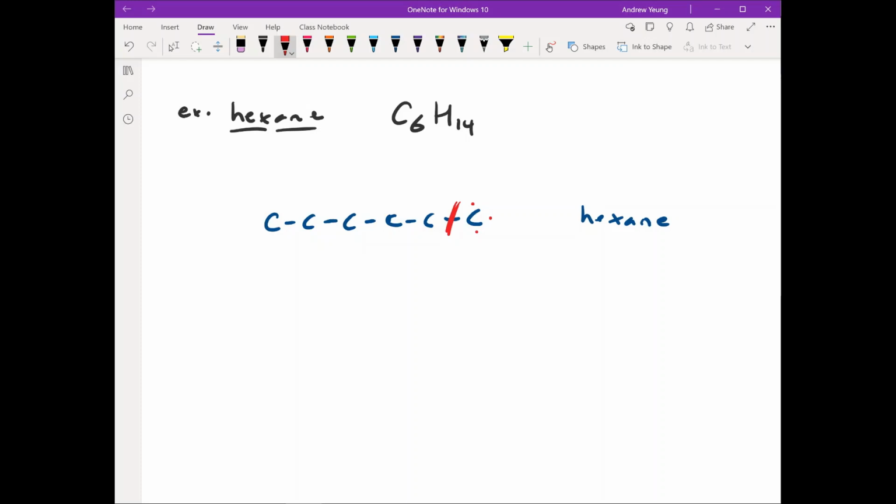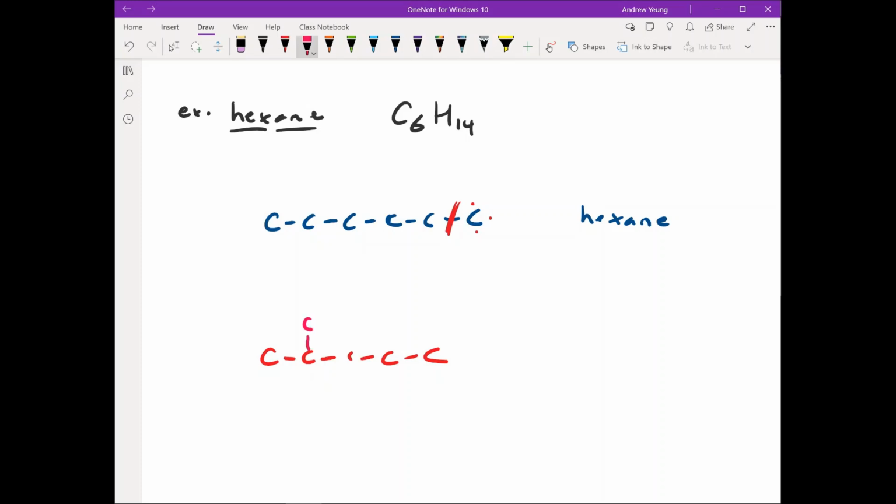We've tried previously: if I have 5 carbons in a row and I try to sub on an alkyl group on this side, that's going to be a 6 carbon chain. That's just hexane, the same molecule. Or if I try to sub on the far side, that's also 6 carbons, also no different. So the rule for this alkyl group is it can't be on the end of the molecule. I could put it 1 carbon in though.